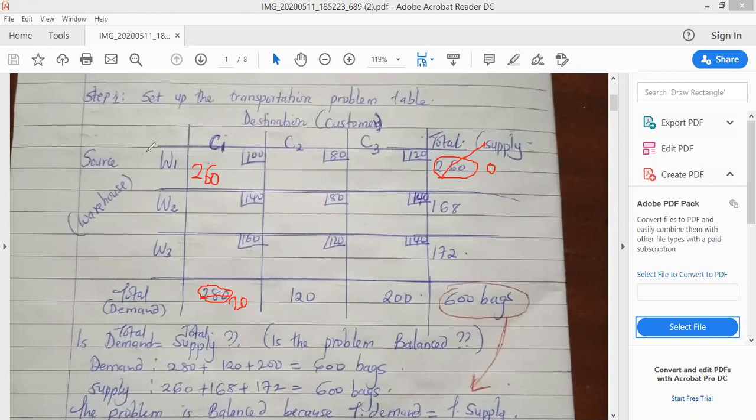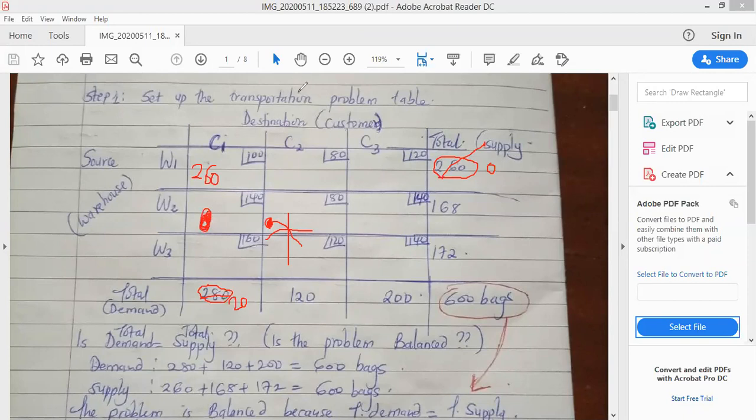For sure, they cannot come from W1 because we have already exhausted it, but they can come from either W2 or W3. Since in this row we cannot assign anything else, we draw our compass from row 2 going downwards. Our northwest corner is in this direction, and the cell that directs to that corner is the cell W2C1.